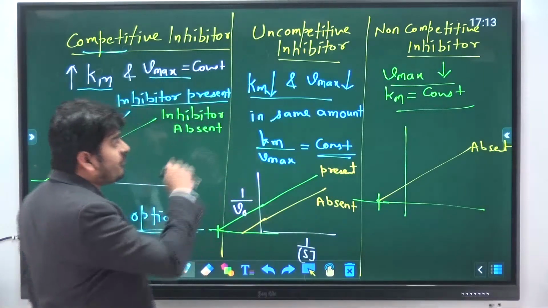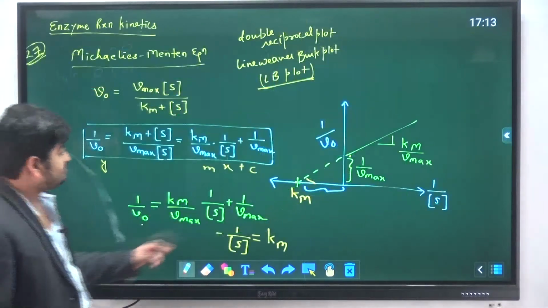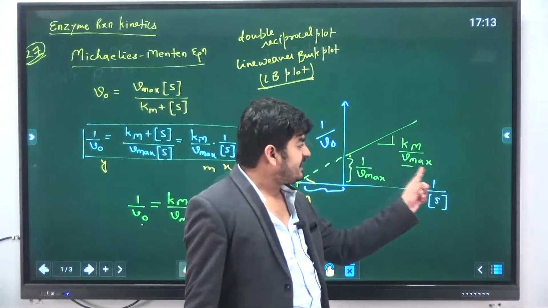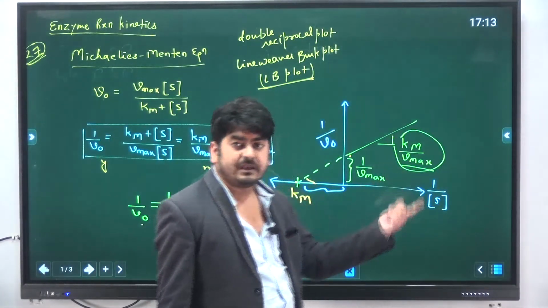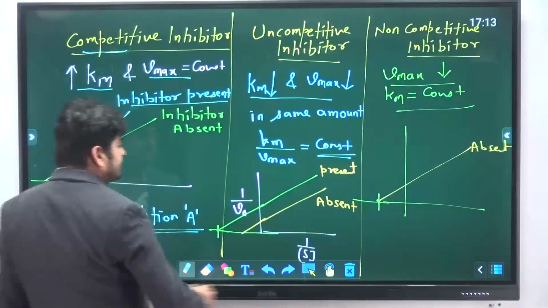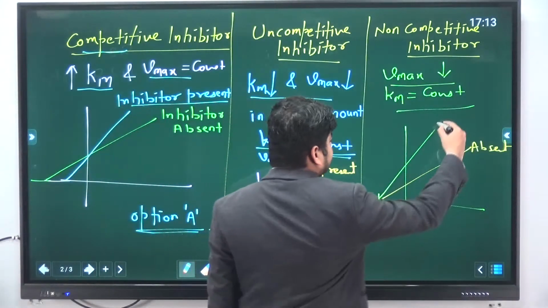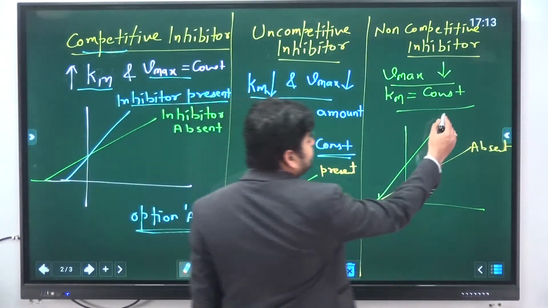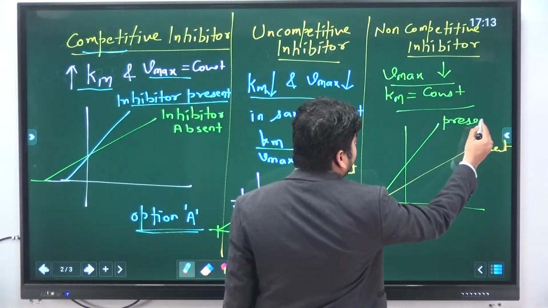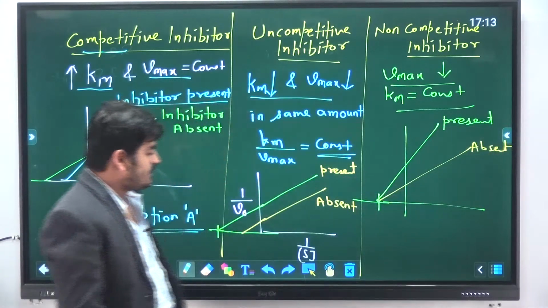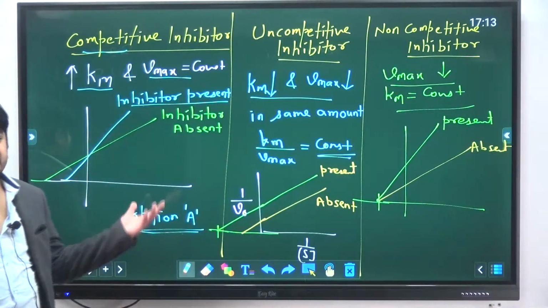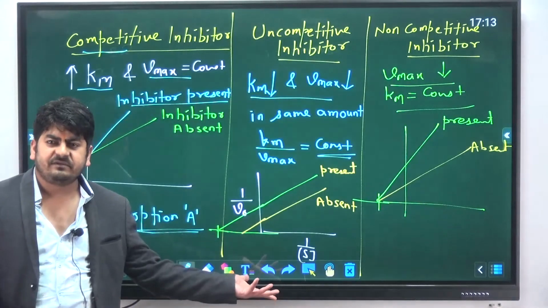But what will happen to Vmax? If Vmax decreases, the overall slope will increase. So the curve will be like this when it is present. So this is all about question number 27.